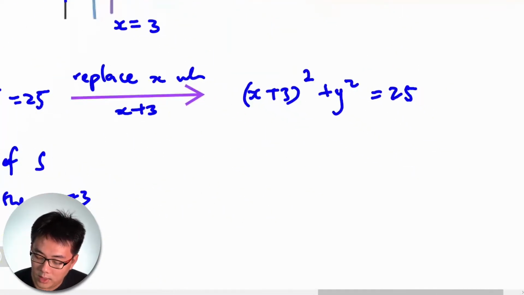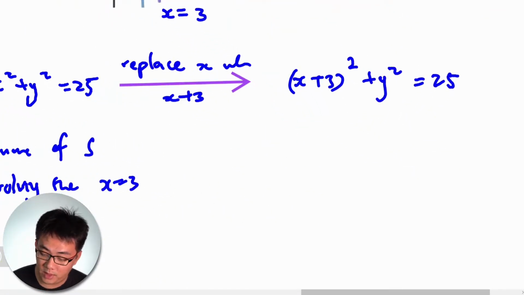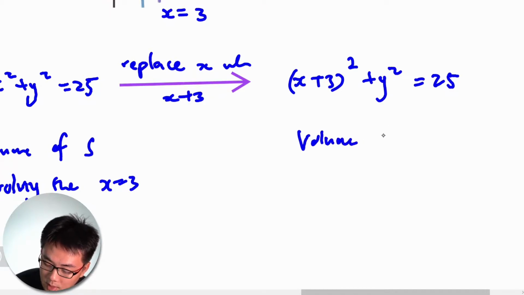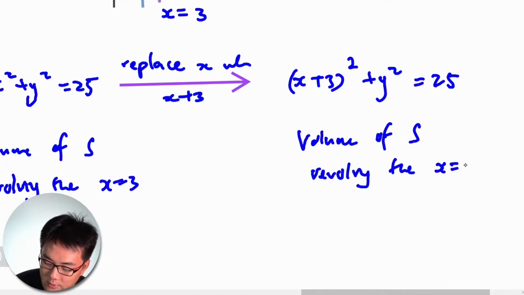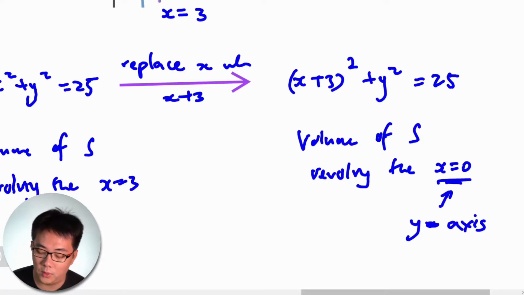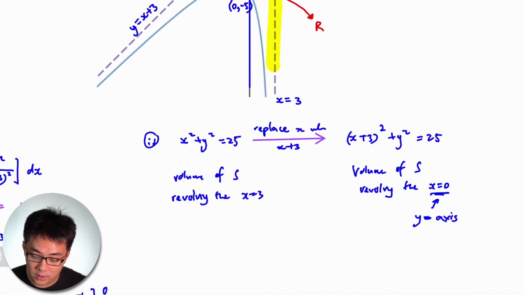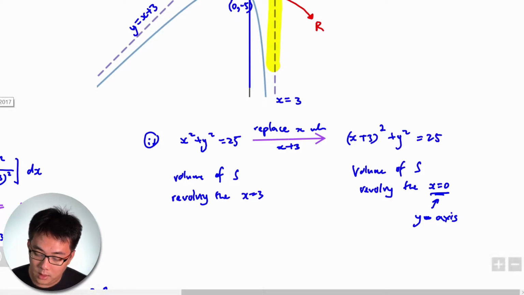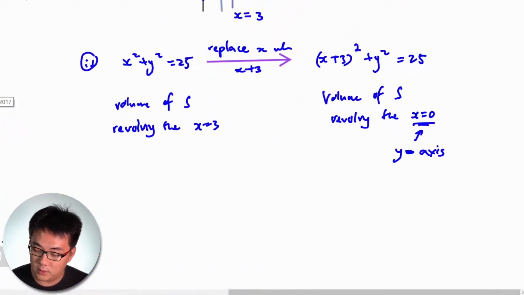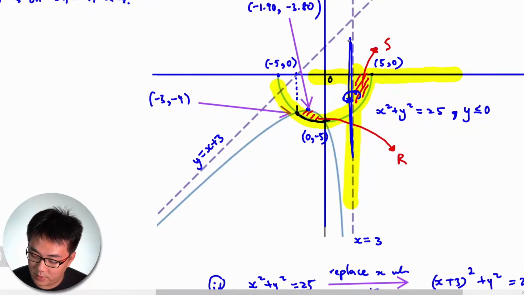When you replace x with x plus 3, the volume of s will be revolving about the x equals 0 line, which is actually the y-axis. So you move everything 3 units to the left and it just becomes the volume revolving about the y-axis.